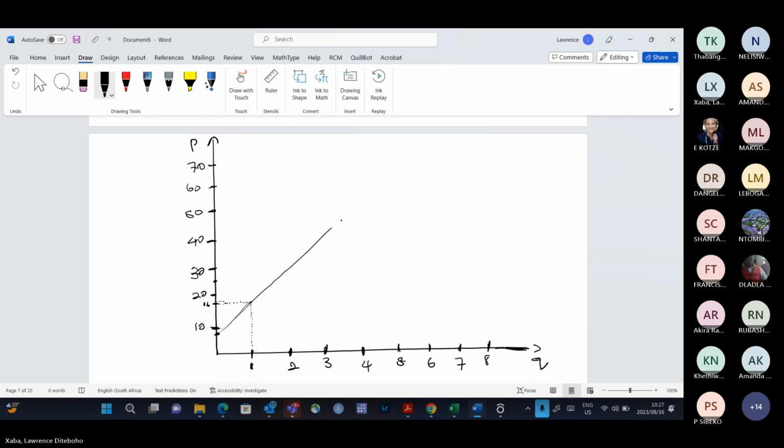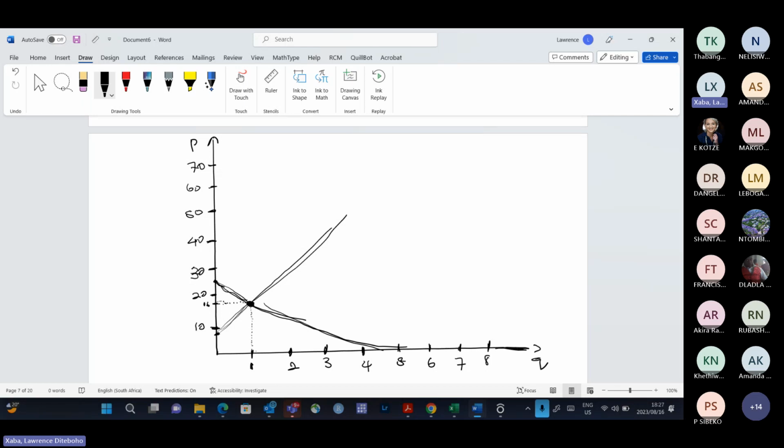Then, because it started from our intercept, we have another one there, the intercept of 25, that goes down. So this is the point that we were calculating.